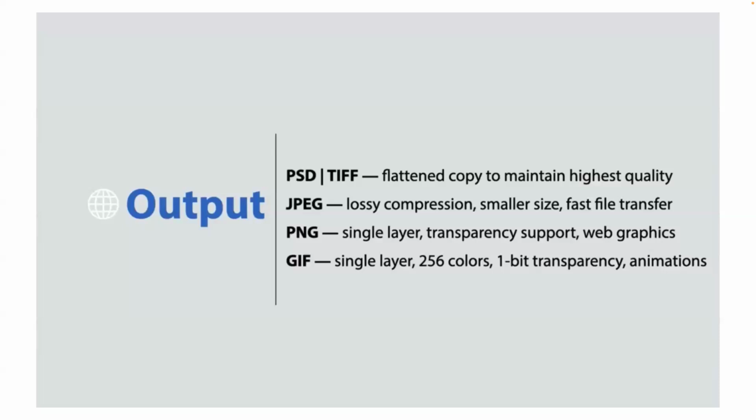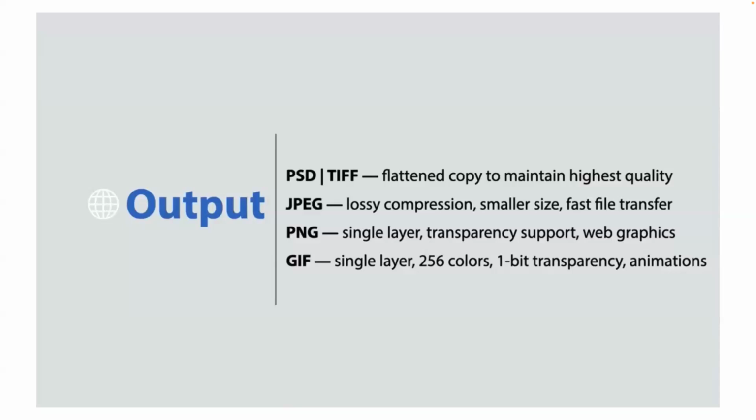GIF has pluses and minuses. One thing about it, it does have a compression method, but it's not a lossy compression. It's not throwing information out. But you are limited to 256 colors versus something like 16 million.